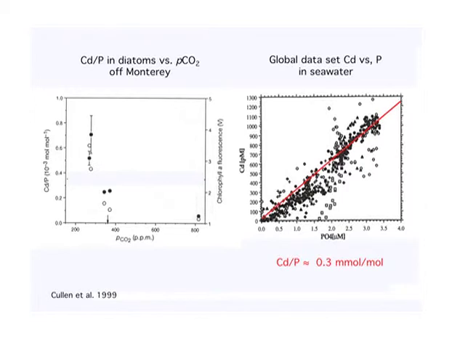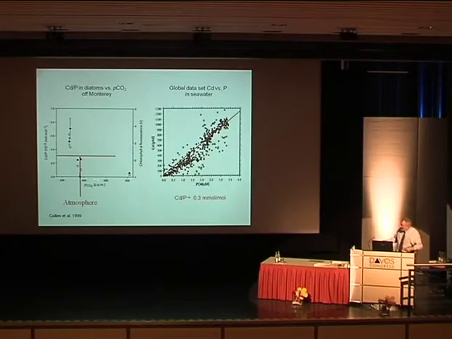What's happening in the cells? Well, if we take something like atmospheric CO2 and look at where we are in our Cd to P ratio here, we get somewhere on pretty close to 0.3. So I'd like to say that this cadmium to phosphate ratio in the cell is very much like that in the ocean, and it has to do with the activity of this enzyme. You don't have to believe me. It's a nice story right now. Okay, so that's as good as it's going to get for a while.